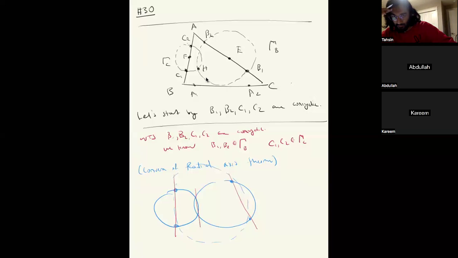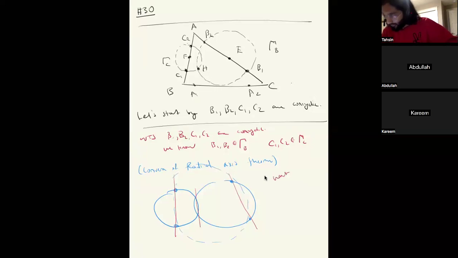Does it make sense what I'm saying? So Kareem, does it make sense? So it's not that you want C1 B2 and C2 B1. It's you want C1 C2 and B1 B2.